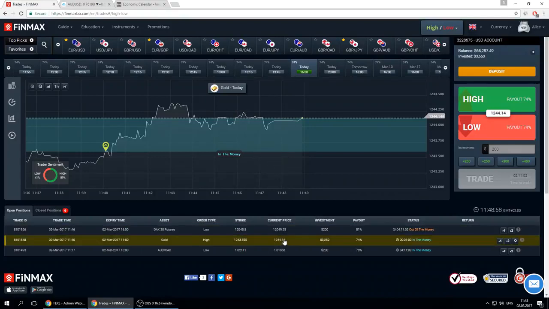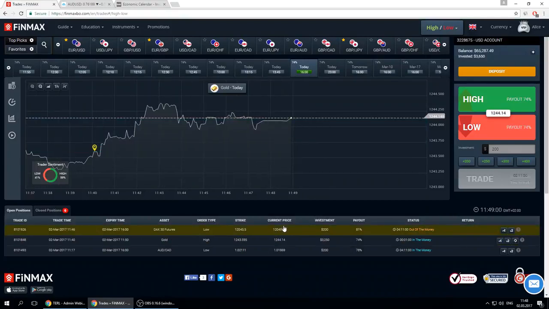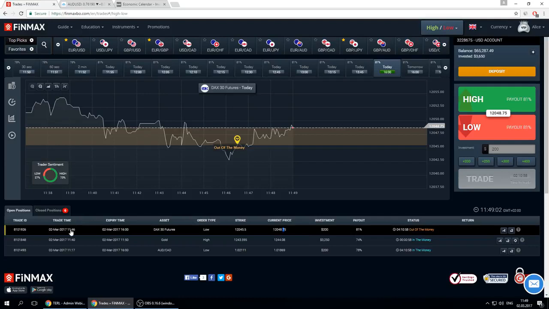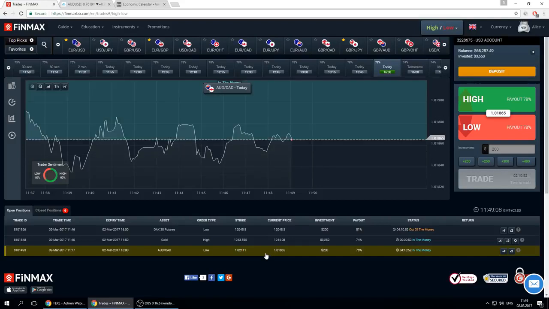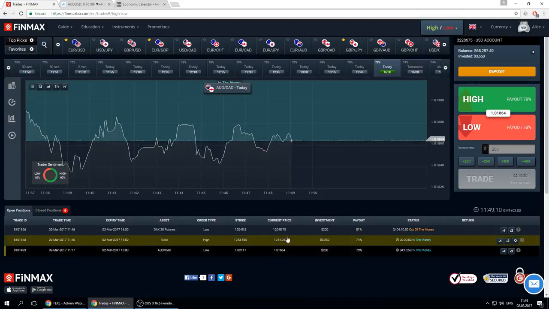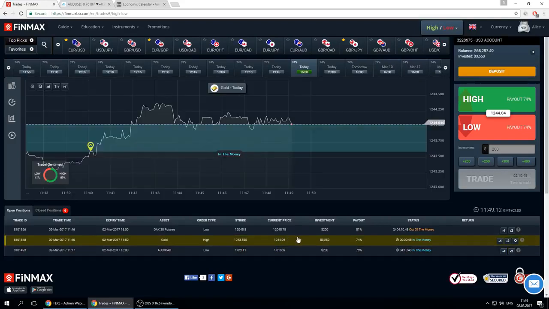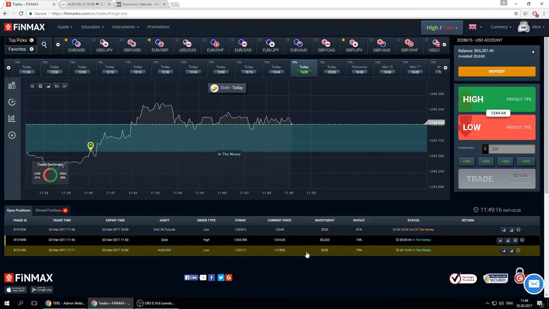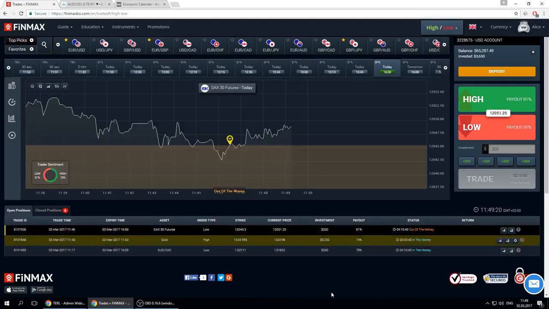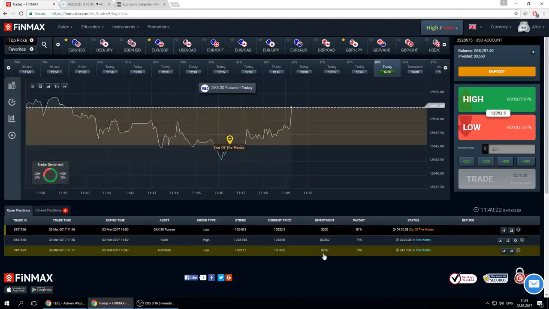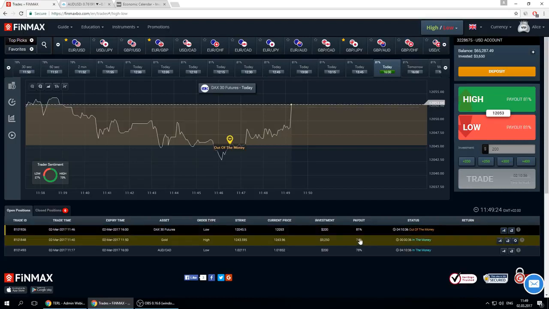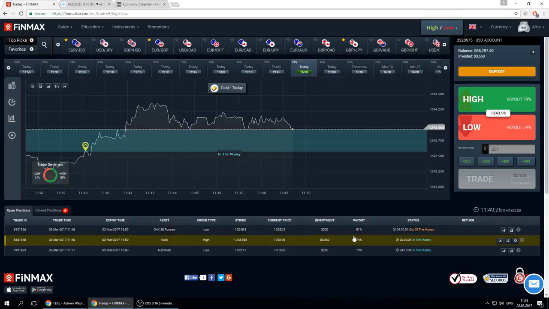So let's wait for 1 more minute and see the results of my trade. So right now, what do we have? One trade for Australian for low, one trade for gold for up. That's number 3 in the sequence, and also the trade for DAX for low, which will also expire in 4 hours.